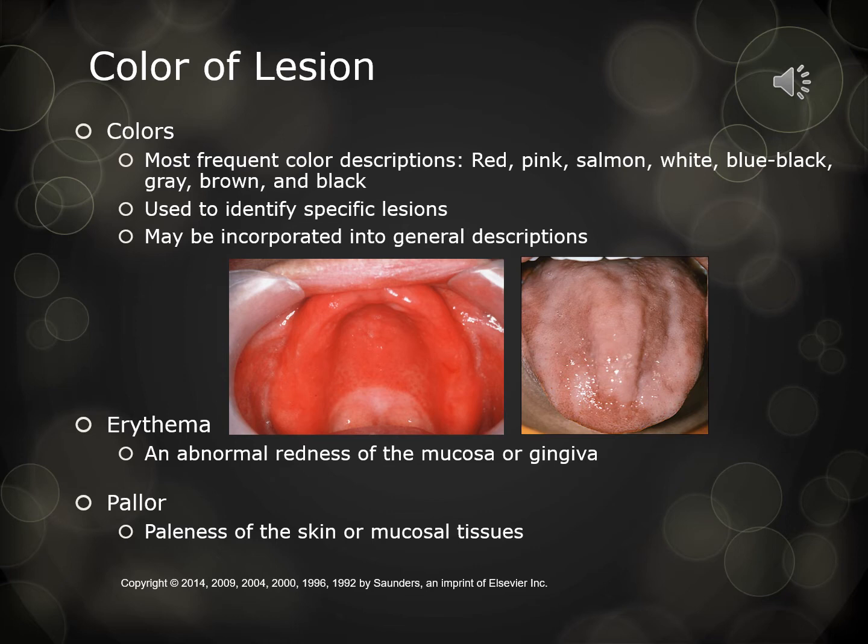Here we have a picture on the upper left-hand side of erythema. This is an abnormal redness of the mucosa of the gingiva. You can see the bright redness. This appears that the patient had a denture in there, might have been allergic to it, causing inflammation.